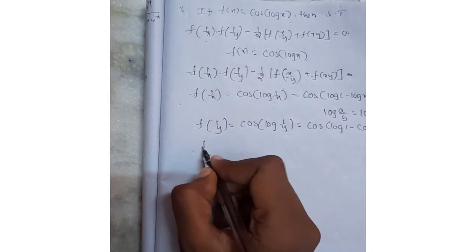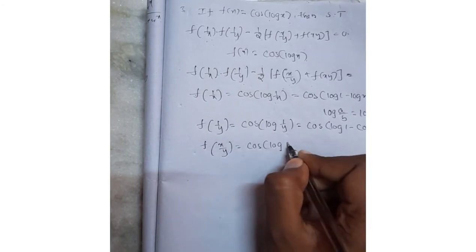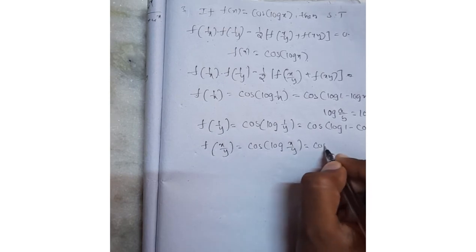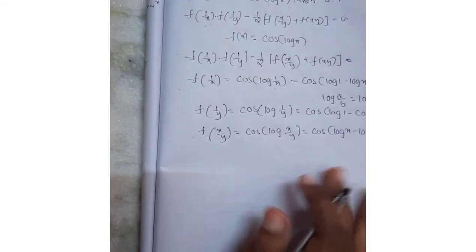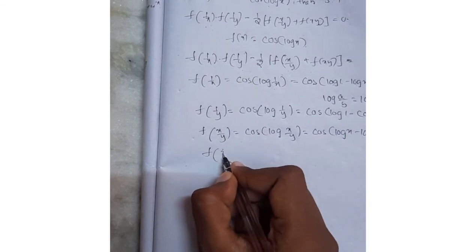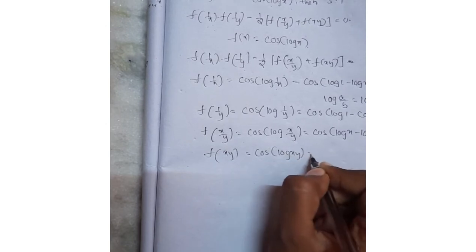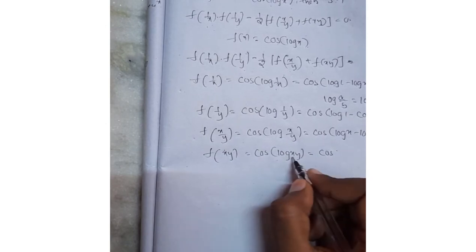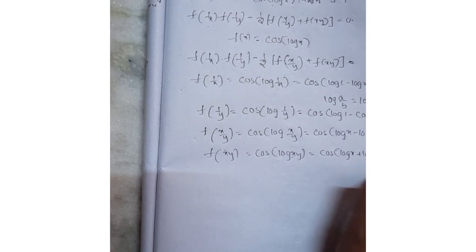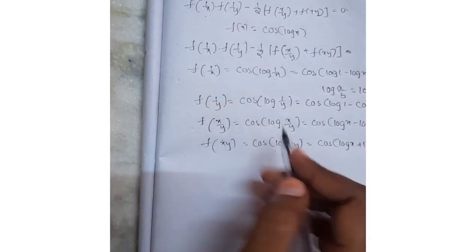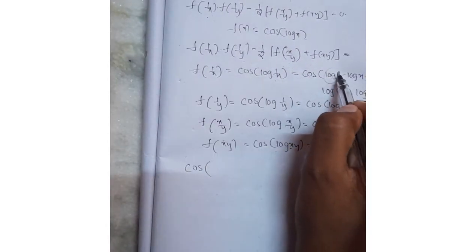Okay. Now next, f of x by y equals cos of log x by y equals cos of log x minus log y. Okay. Now f of xy equals cos of log xy. Log xy means log x plus log y, right? Now just putting all the values in this: you know the value of log 1 is 0.